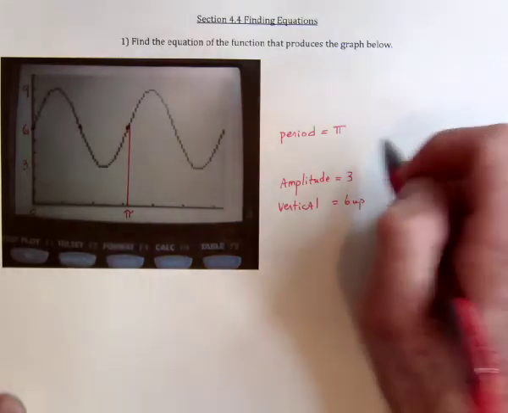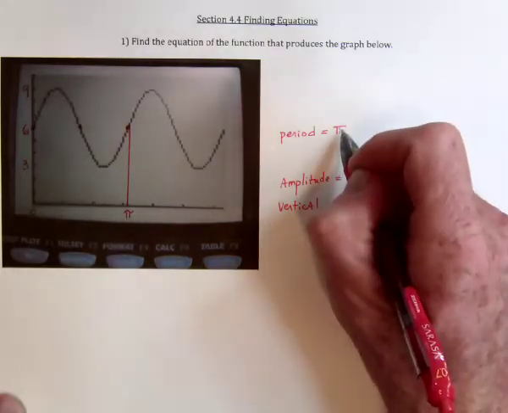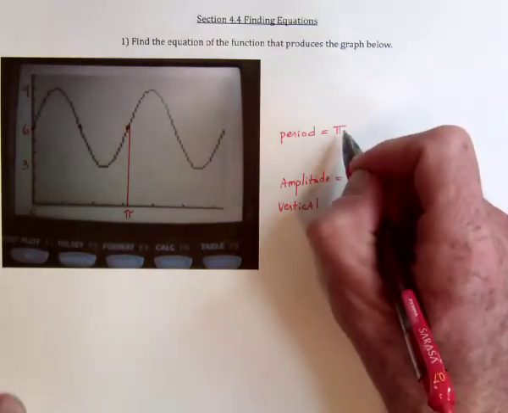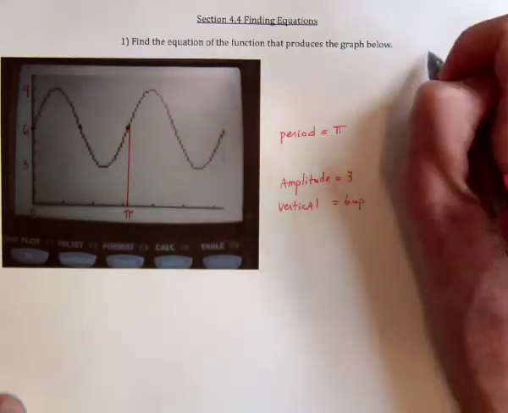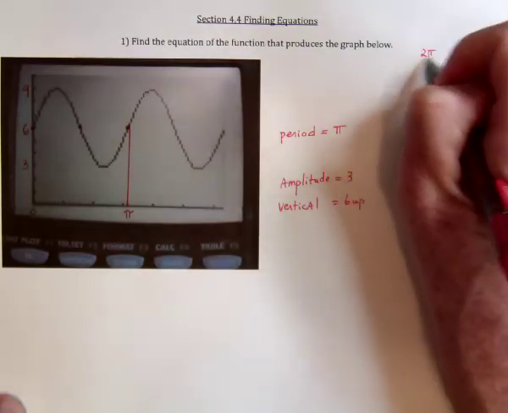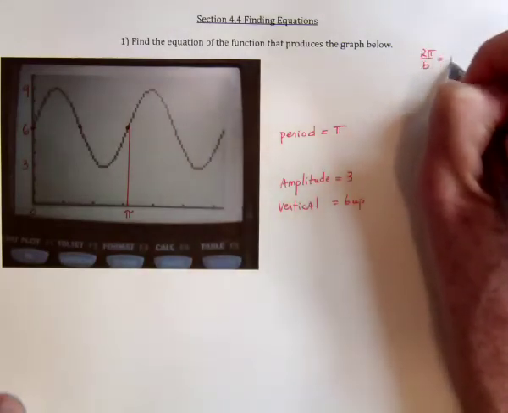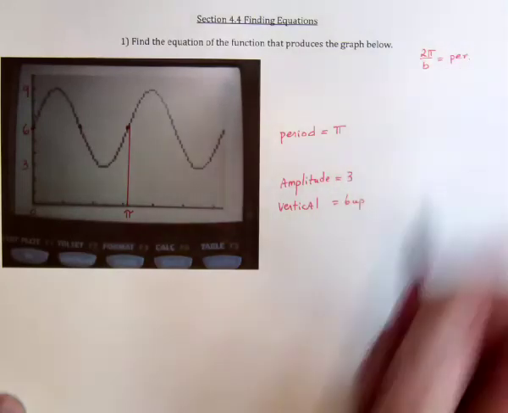Well, when we find out what the period is, there's the number b that's sitting in front of x. And so if we take 2 pi divided by b, then that's going to be the period.